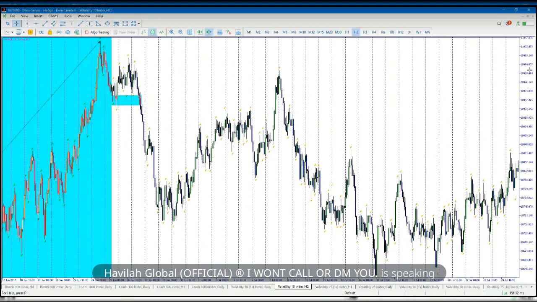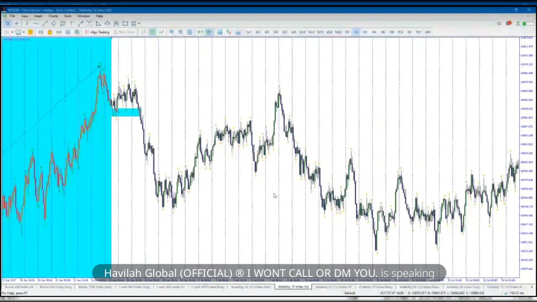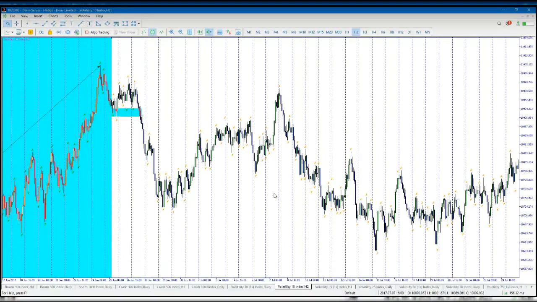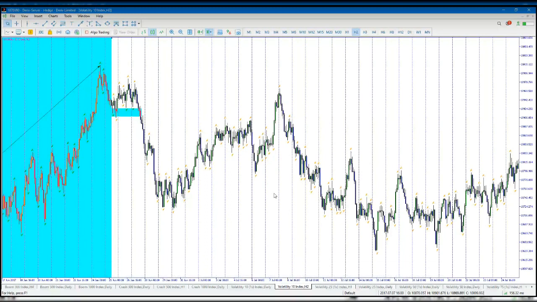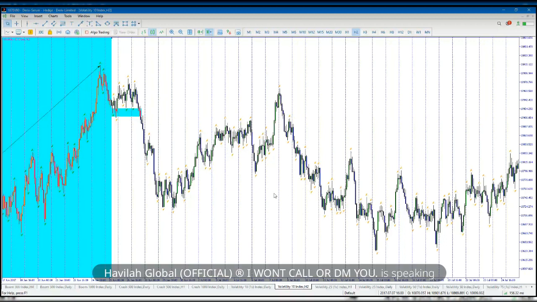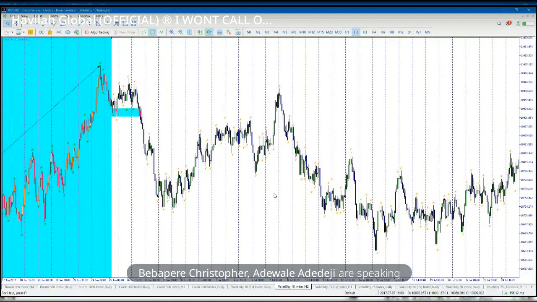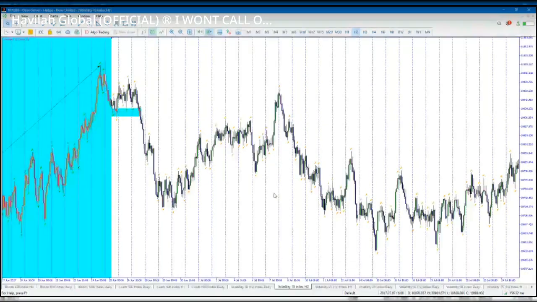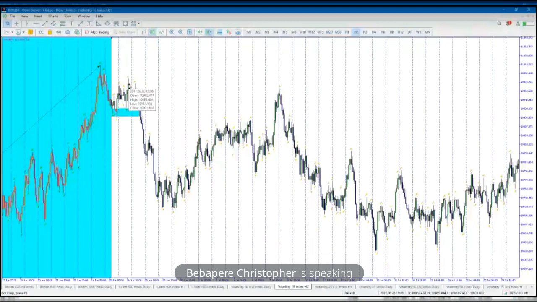Where will you be looking at as your point of interest? The last bullish candle. Where is the bullish move?